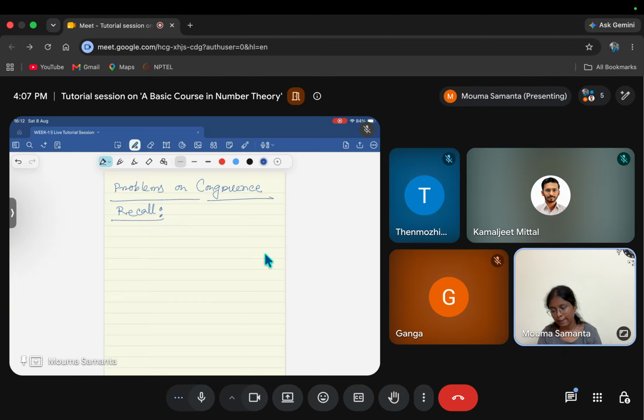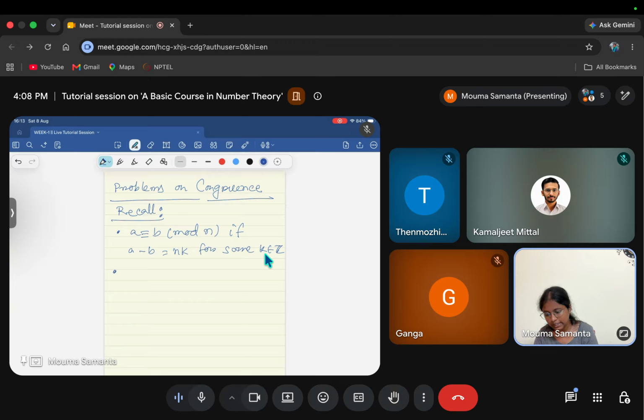So what was the definition of a congruent to b? a is said to be congruent to b mod an integer n if a minus b equals nk for some k belonging to Z. That means if n divides a minus b, then we say that a is congruent to b mod n. This was the definition.